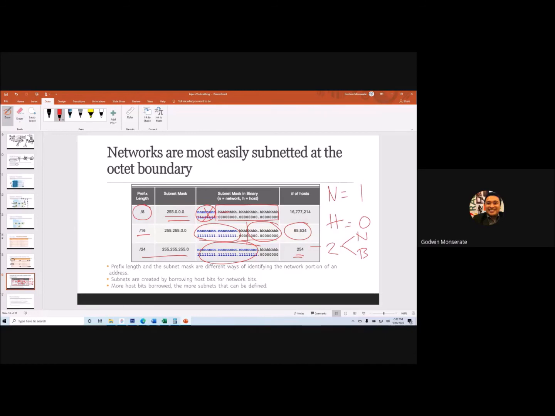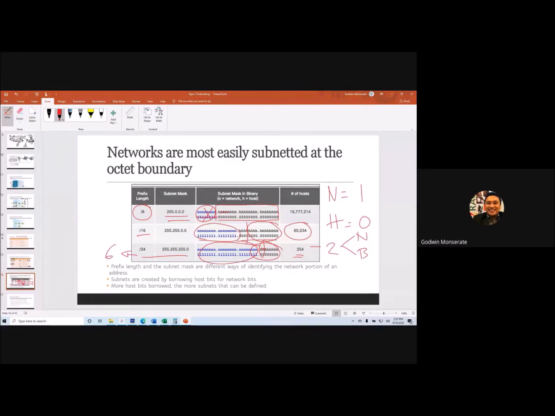Subnets are created by borrowing host bits for the network bits. So you borrow from the host portion so that it becomes network, and that network becomes what we call subnets. The more host bits you borrow, the more subnetworks you can create. But you cannot borrow all of them. You must leave some for the host. If you are in class C, the maximum number of host bits that you can borrow is 6.